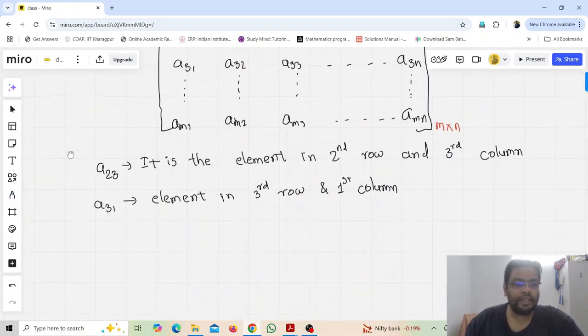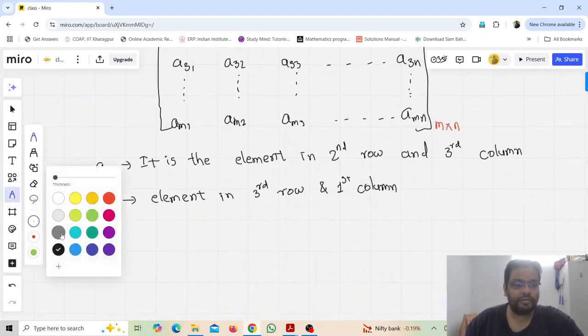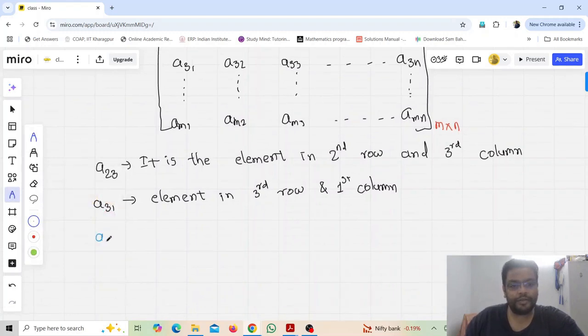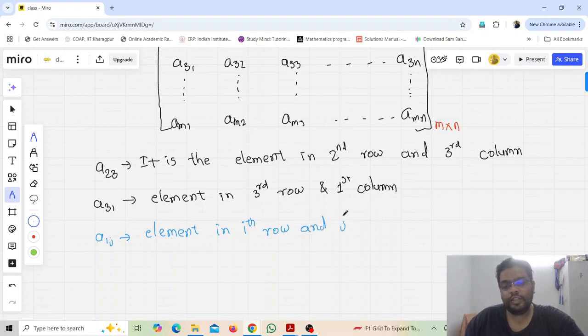So can I say in general term, Aij is an element in ith row and jth column. Simple.